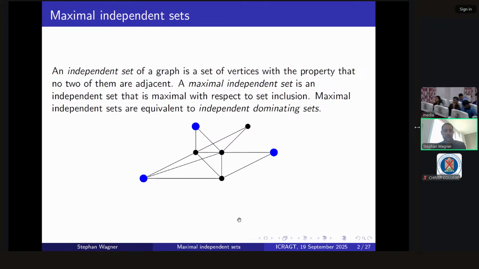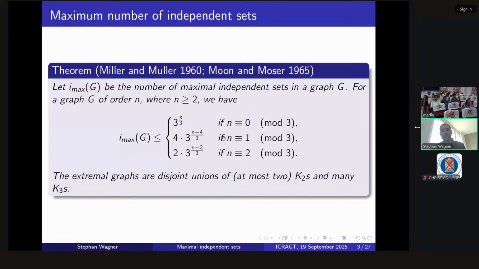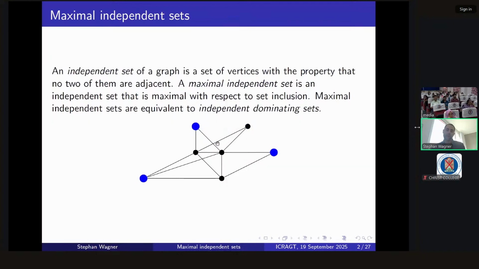The independent set here in the example, with the 3 vertices indicated, is not maximal in this sense because I can add one more vertex. You can see that adding this additional vertex retains the property that no 2 vertices are adjacent, so I have a larger independent set containing the original one, meaning this set is not maximal since it's contained in a larger one.